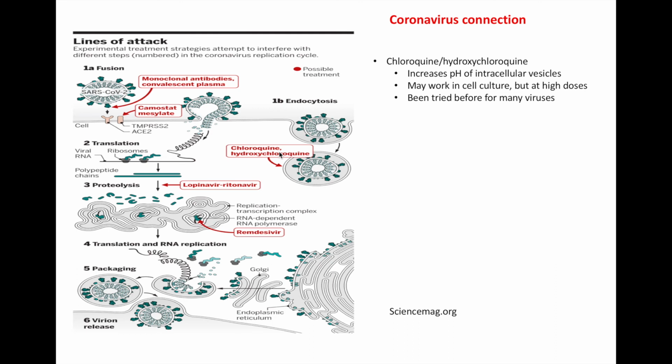Hydroxychloroquine or chloroquine can increase the pH of these intracellular vesicles, preventing that release of the coronavirus from its ACE2 receptor. However, it didn't work, and it also caused some serious heart issues for people that had pre-existing conditions.